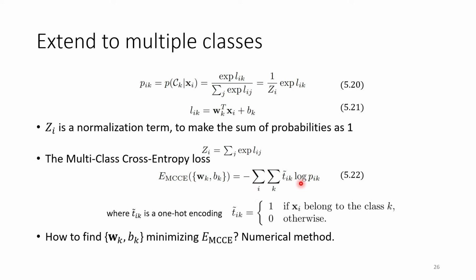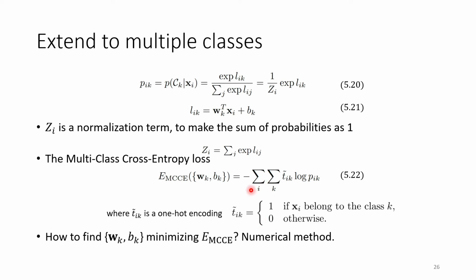Here, P_ik means the probability for instance i and class k. You can see something special here: the tilde t_ik is a one-hot coding. It means if xi belongs to class k, then the value is 1. Otherwise, the value is 0.